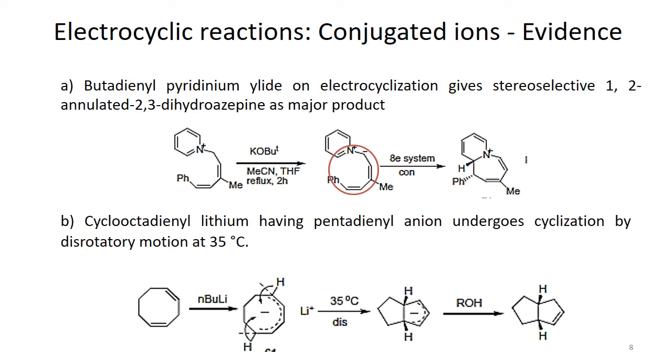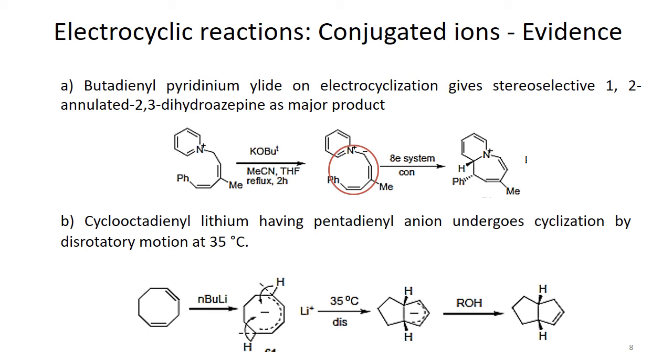Here, when it gives a proton and is transformed into a resonating structure, we have a 6 pi electronic system, that is a 4n plus 2 pi electronic system.